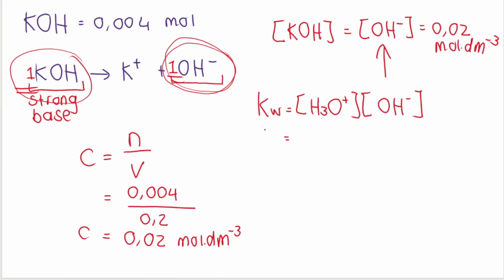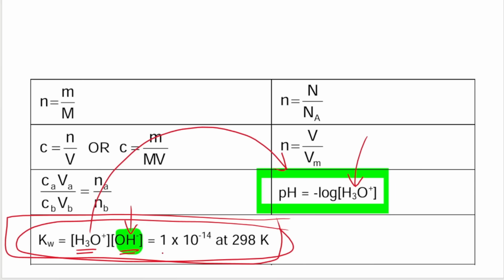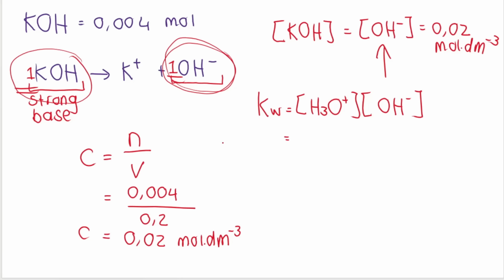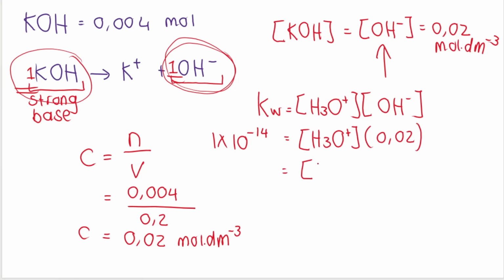And we know that Kw, it's a constant, is 1 times 10 to the negative 14. I don't know at this stage the concentration of my hydronium ions, but I do know my hydroxide ions is 0.02. To get the concentration of my hydronium ions alone, I divide both sides of the equation by 0.02.